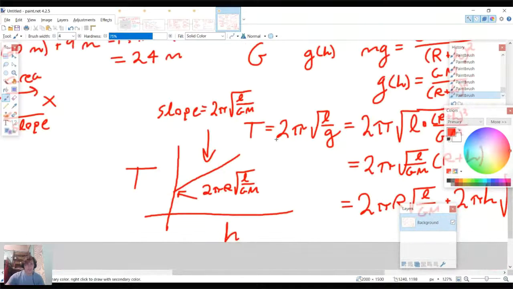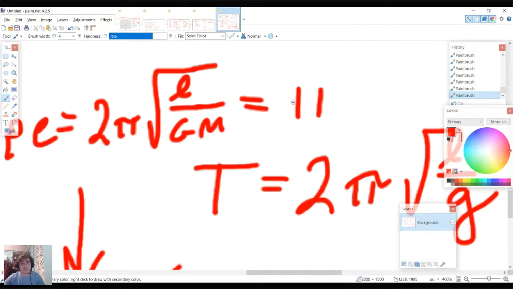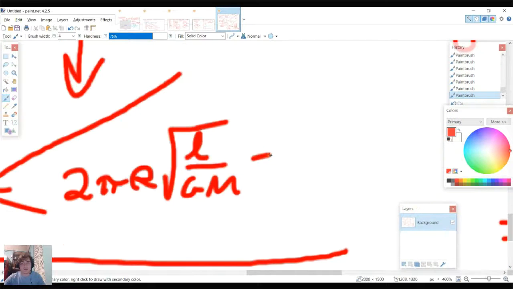So you can actually use this experiment to solve for the acceleration due to gravity, and or you can solve for the mass of the sun. You can solve for the radius of the Earth, or the mass of the Earth. I mean, big G, the radius of the Earth, all that good stuff. This would be just a number, and this would also be just a number.